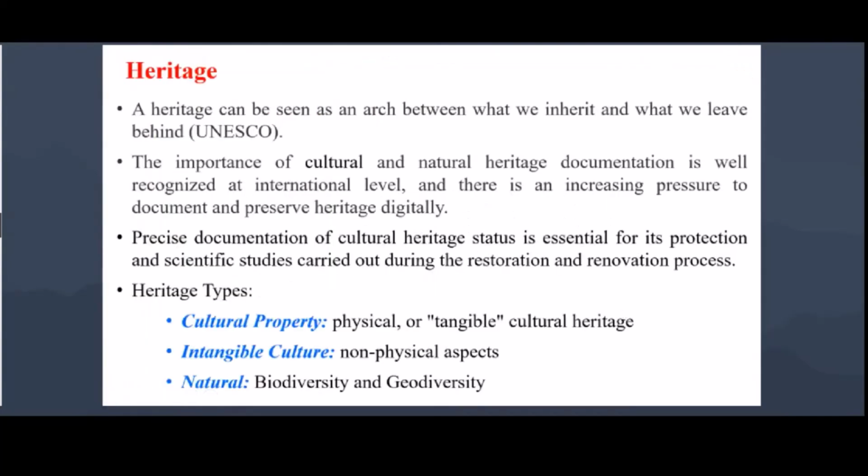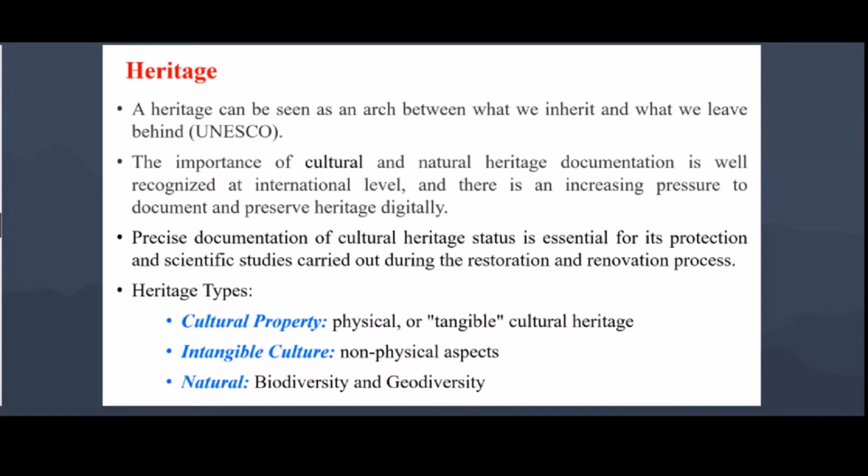So, we can say that heritage can be seen as a bridge or arch between what we inherit from our ancestors through time and what we will leave behind for future generations. It is a very important bridge that we pass on from generation to generation.